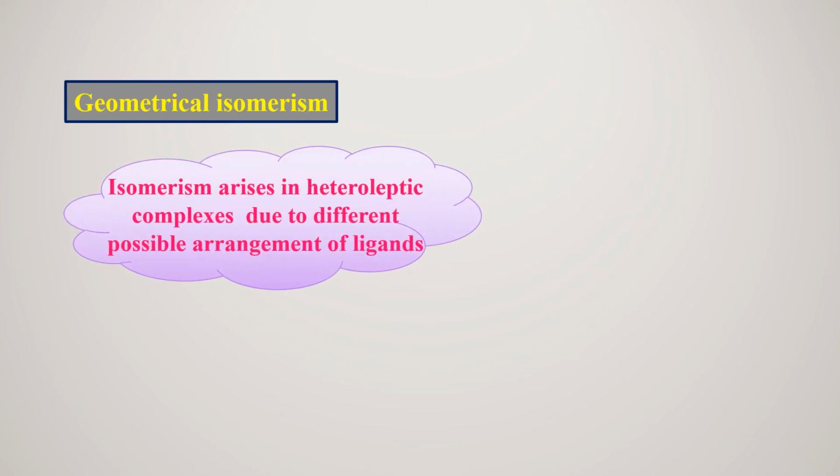Now the second type of classification, geometrical isomerism. Geometrical isomerism arises in heteroleptic complexes because of different possible arrangements of ligands.